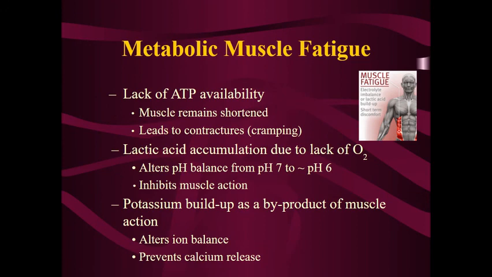So if you are lacking oxygen for your mitochondria to produce energy, you're going to start producing energy in an anaerobic or without oxygen way, which results in lactic acid. Lactic acid actually alters the pH balance in your muscles and makes it more acidic, which inhibits how well the muscle functions because that's changing the pH of the enzyme systems.